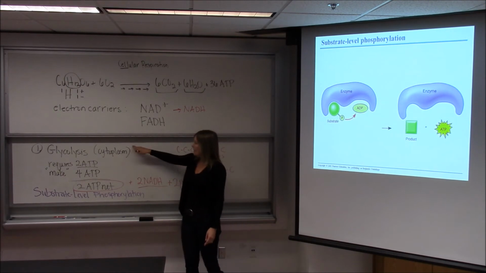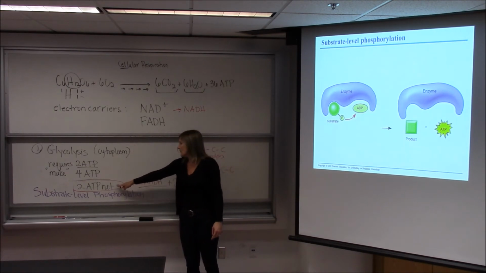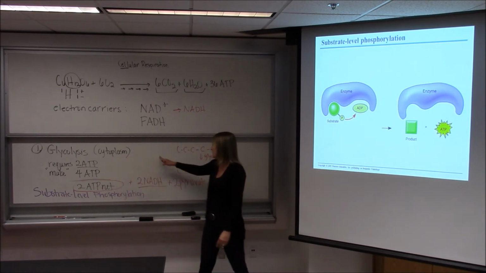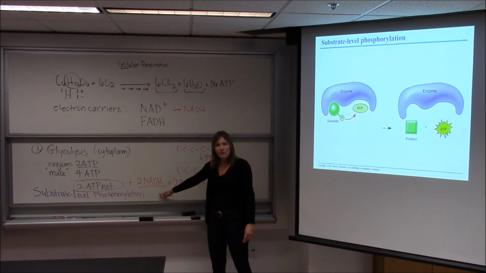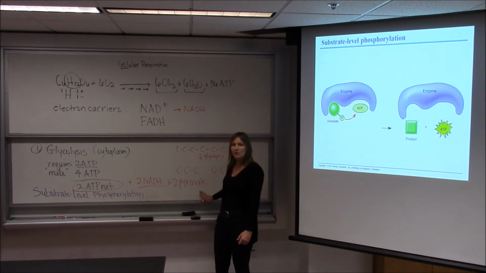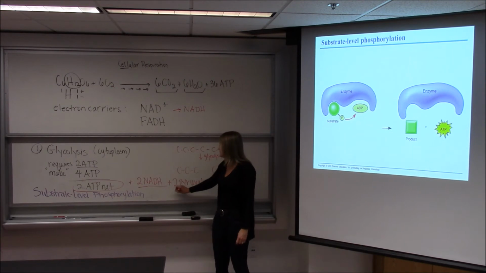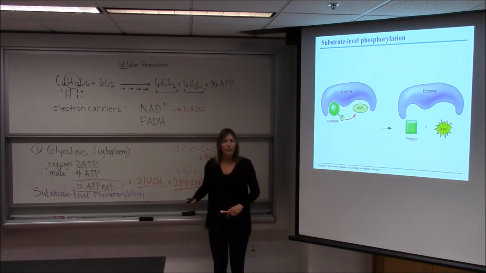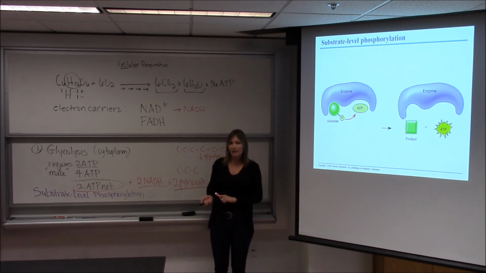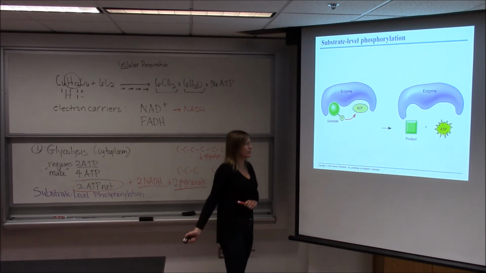So we start glycolysis with glucose, we go through all of the steps, we end up with a net of 2 ATP by substrate level phosphorylation. We pick up the first 2 hydrogens, so we generate 2 NADH, and we end up with 2 pyruvate as our end products. We do not generate any carbon dioxide or water during this stage of cell respiration.